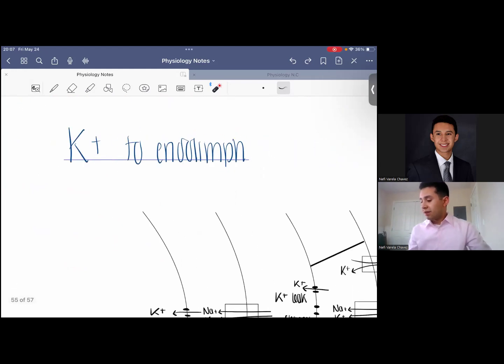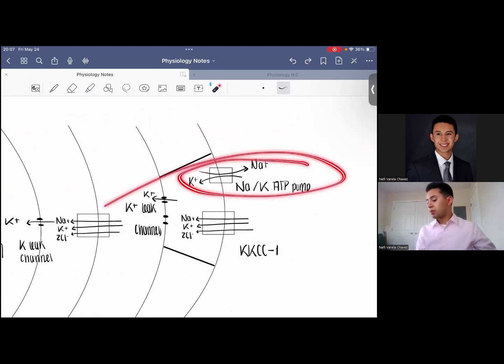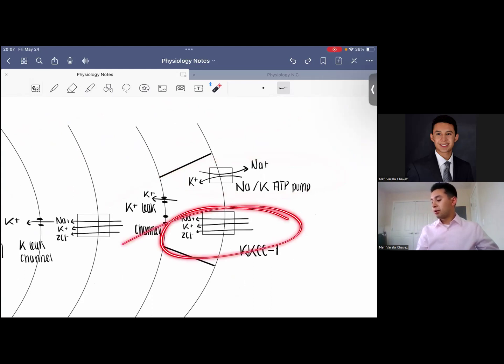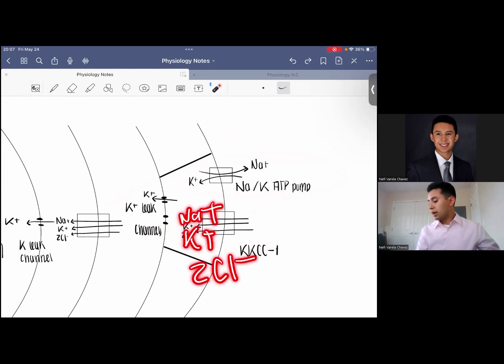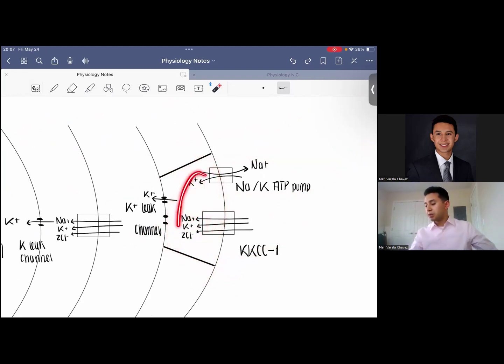So here's where everything is gonna start. So potassium to the endolymph. How are we gonna fill this endolymph with potassium? Everything starts with some sodium potassium pumps, and this special protein that is gonna take sodium, potassium, and two chlorines to the inside. So we can see we're gonna have an accumulation of potassium here.